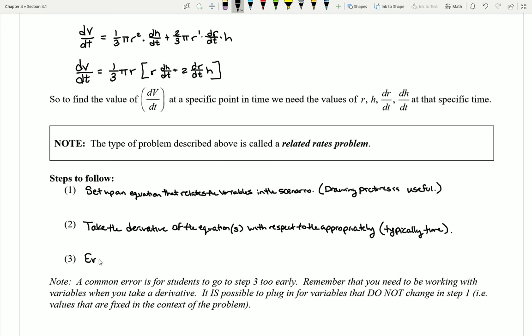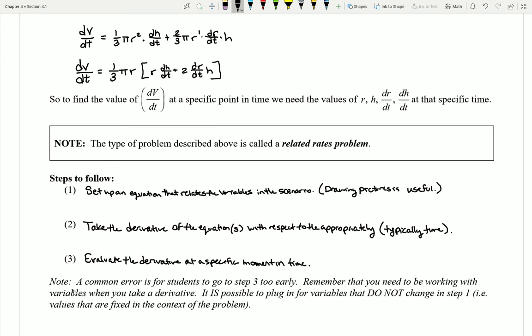So that means here that I would state that I'm going to evaluate the derivative at a specific moment in time. And again, this moment in time is typically going to be given to us in a question.